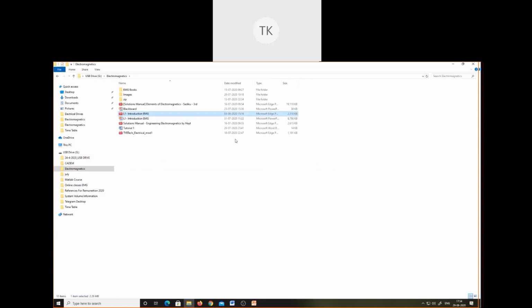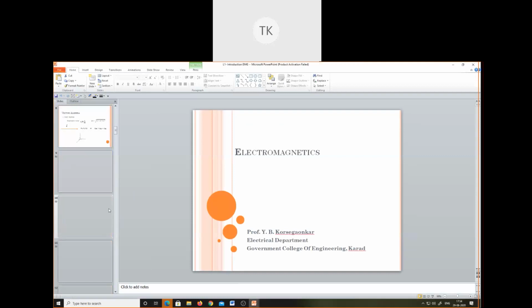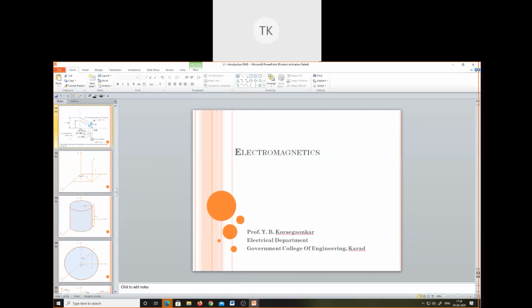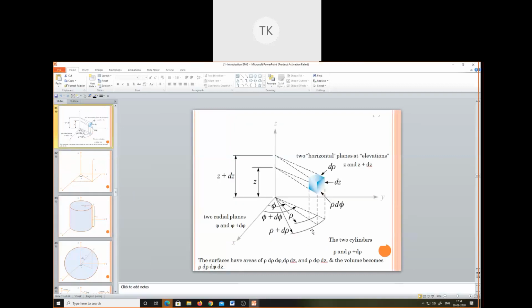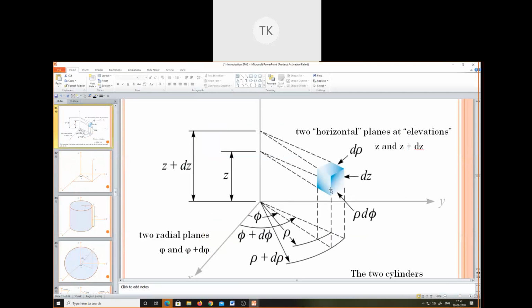Similarly, let me show you the differential surface area in the cylindrical coordinate system. We studied this in the very first lecture. Consider this diagram. This is the differential volume in the cylindrical coordinate system. This is rho, and the increment in rho is d rho.